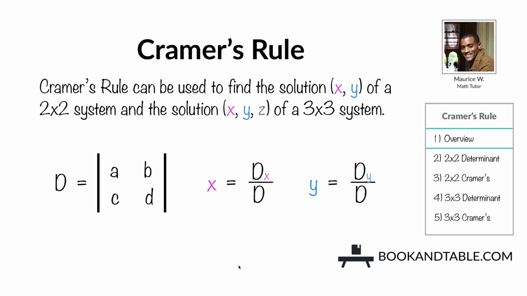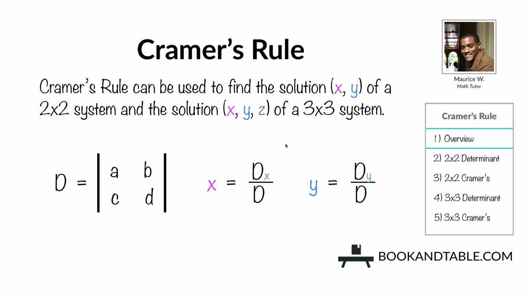Now, Cramer's rule can be used to find the solution, or the xy coordinate, of a 2x2 system, and the solution, xyz coordinate, of a 3x3 system. So we'll be using determinants for a 2x2 system, and then from those determinants, we'll calculate the x coordinate and the y coordinate for the solution in a 2x2 system.